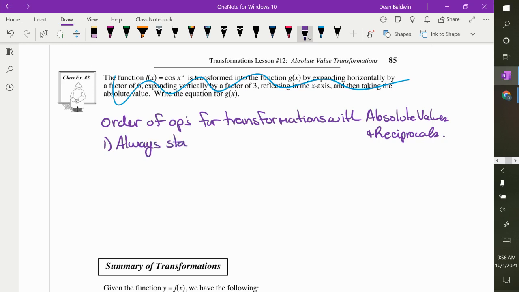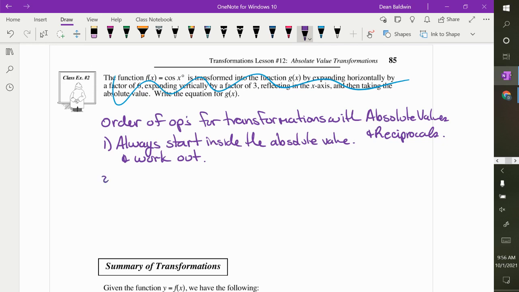Always start inside the absolute value and work out. So you start inside of it and you work your way out. Think of them as brackets almost.